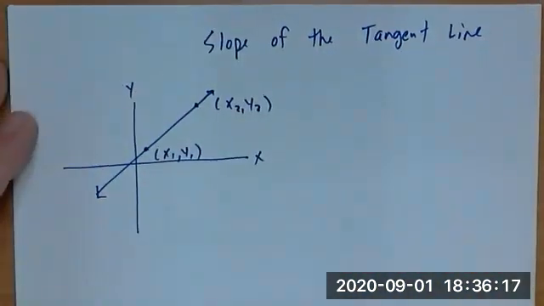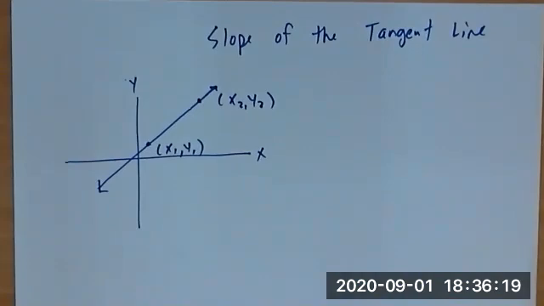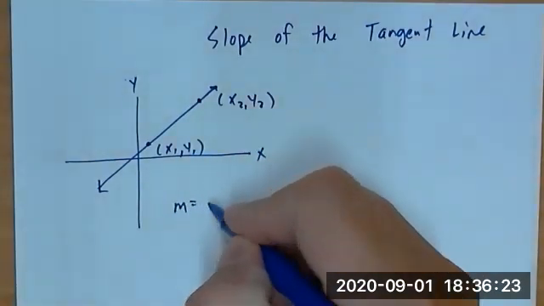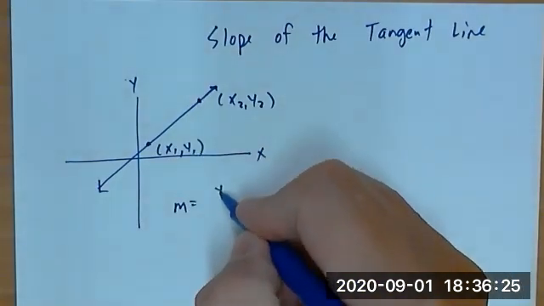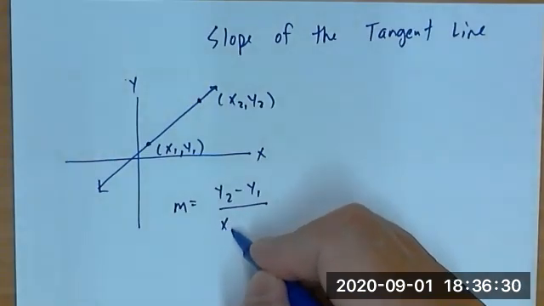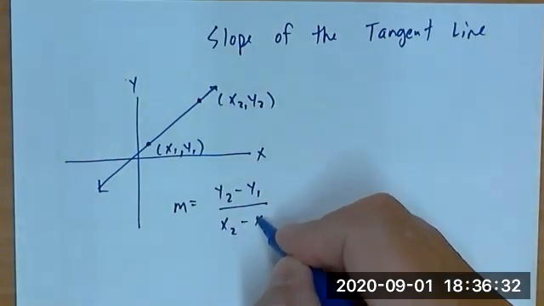Now this is based upon our typical xy axis. Now we know the slope, and this is also the slope equation that we use when we have 2 points on a line.